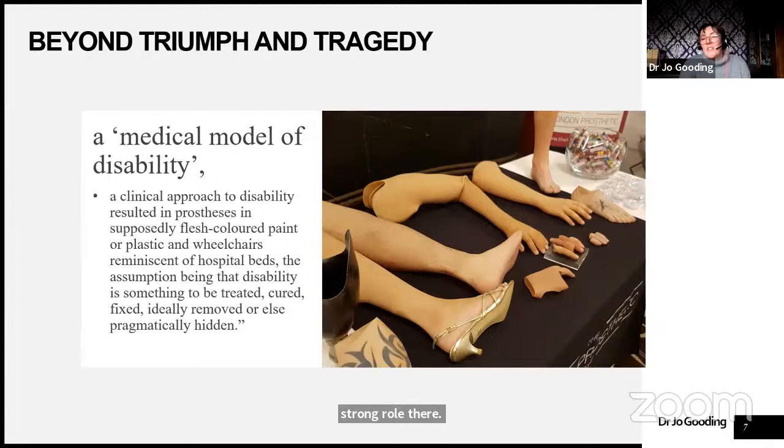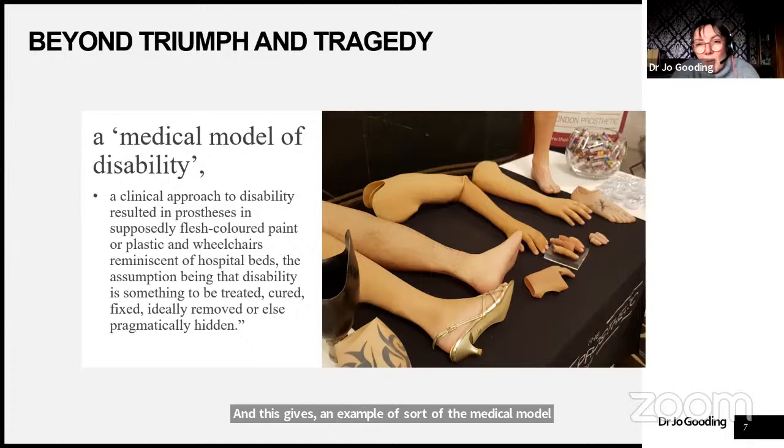Yeah, apologies for the slightly gruesome image on the screen. So I'll describe the image. What looks like a series of limbs on a table. This is an image I took when I was at a prosthetics conference. And this gives an example of the medical model of disability.